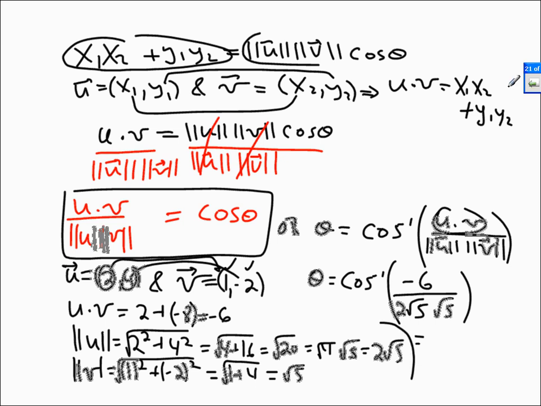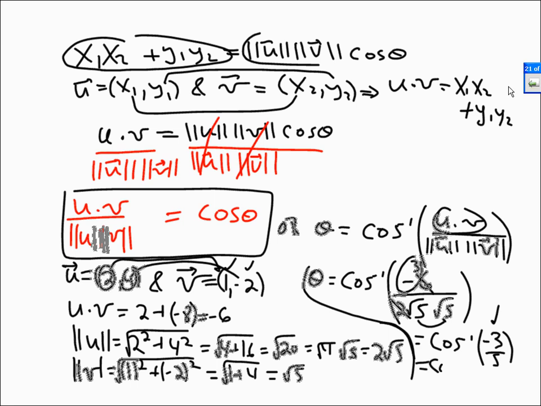So this equals cosine inverse of negative 3 over 5, because 2 goes into 6 3 times. So the top is negative 3, just like I put. And square root of 5 times square root of 5 is 5.